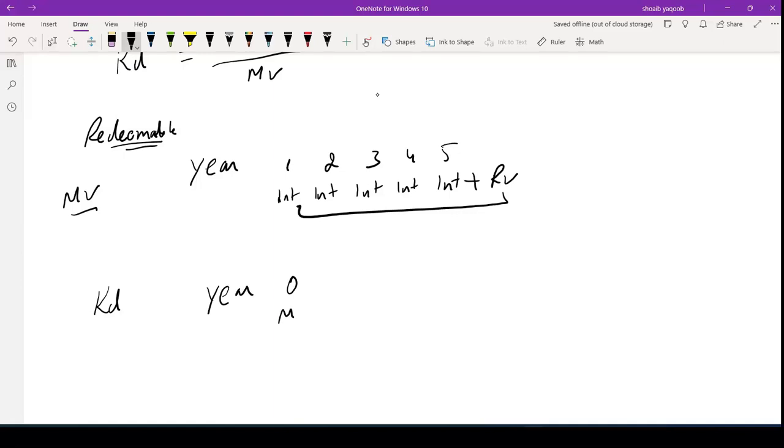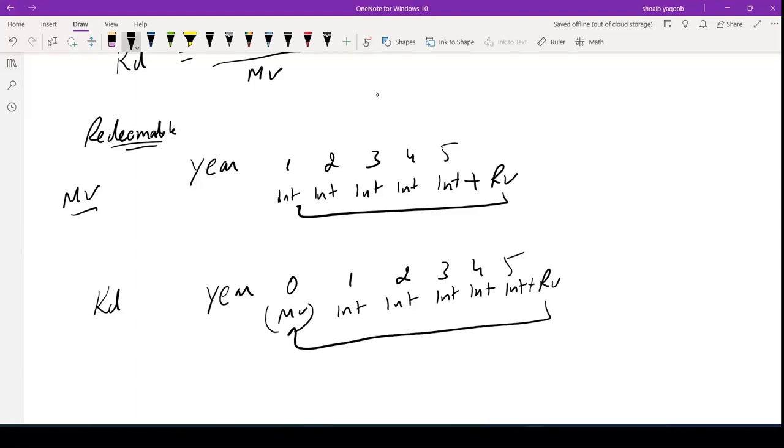In year 0, you will put the market value as a negative number, as you have invested in year 0 and you are getting the return in remaining years. And in the last year, you will include the redemption value. When you calculate the IRR of all these, that will be equal to KD. But remember, in KD, you will take the after-tax interest. In YTM, you will take the before-tax interest. That's the only difference.